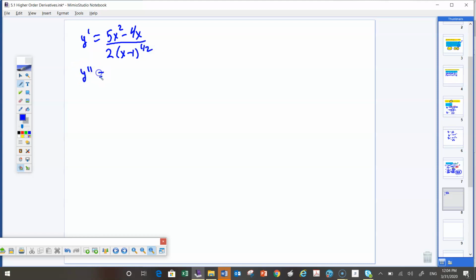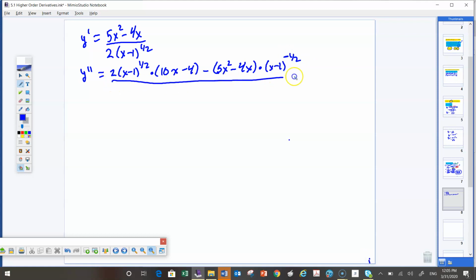So y double prime is going to be the denominator times the derivative of the numerator, which is 10x minus 4, minus the numerator, which is 5x squared minus 4x, times the derivative of the denominator, which I'll have to use the chain rule. So the 1/2 comes out front, that becomes a 1 as the leading coefficient, and x minus 1 drops to the negative 1/2. And this is all over my denominator, which is 2x minus 1 to the 1/2, all squared.